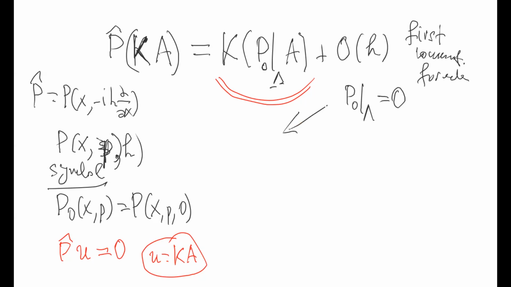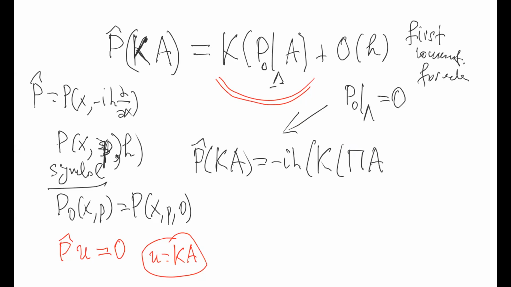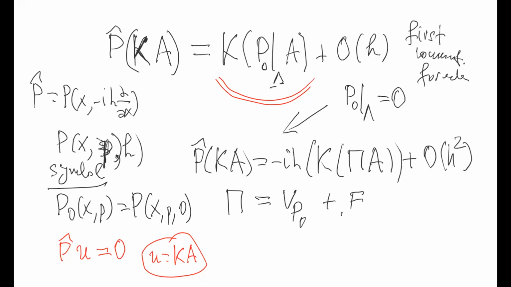But what to do if P naught is 0? Then we have the second commutation formula. P hat of K A is minus IH K of P A plus O of H square, where P is the transport operator, V P naught plus some function F, which is called the sub-principal symbol, and which I have no time to discuss now.